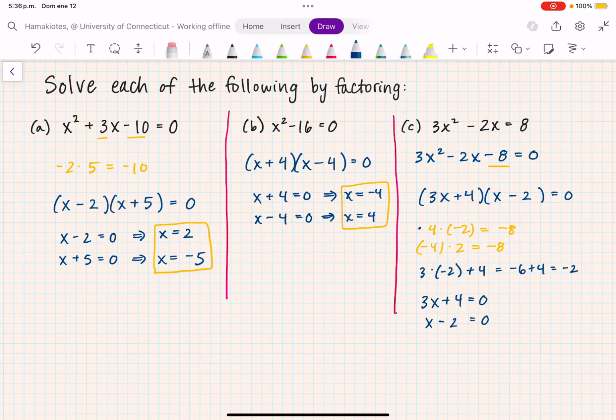So if 3x plus 4 equals 0, then 3x equals minus 4, and I can divide both sides by 3 to get x equals minus 4/3. And now from x minus 2 equals 0, we get x equals 2 by adding 2 to both sides. So these are our two solutions for this equation.